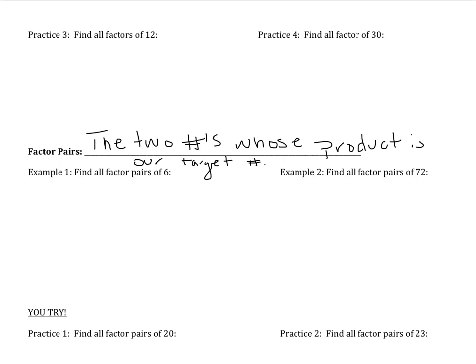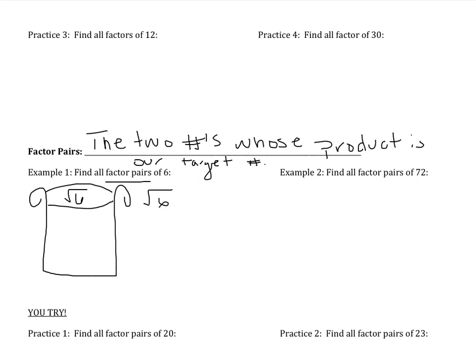So I'm going to do one example for you, and then I'm going to have you try it on your own. It says find all the factor pairs of 6. So first, just find the factors. Draw your cow. What is the square root of 6? The square root of 6 is 2.4.